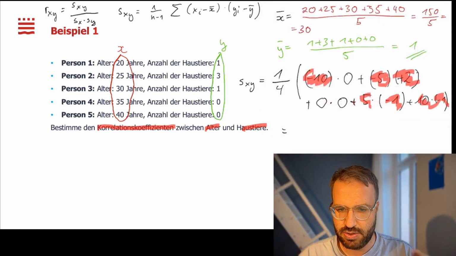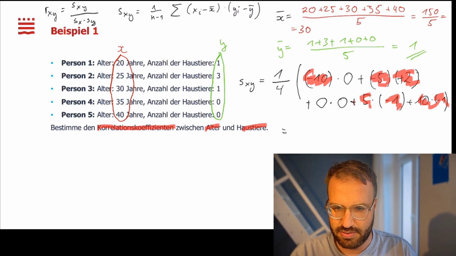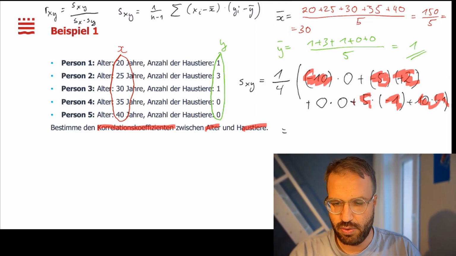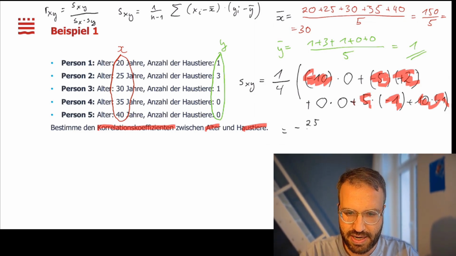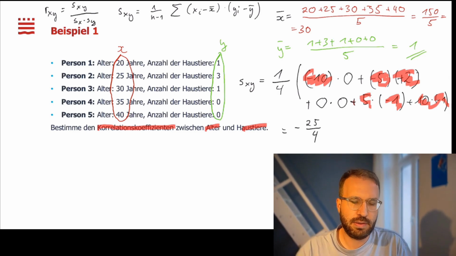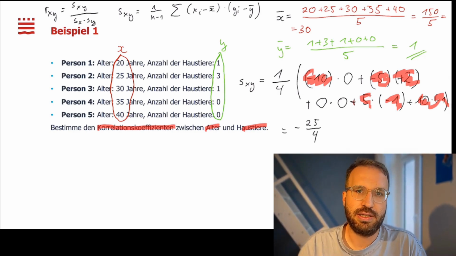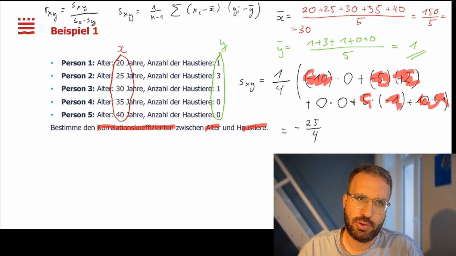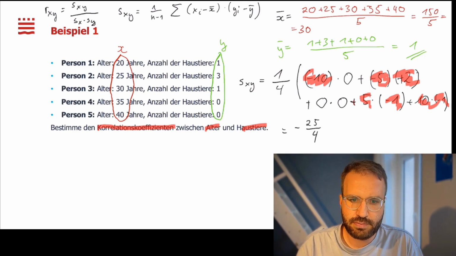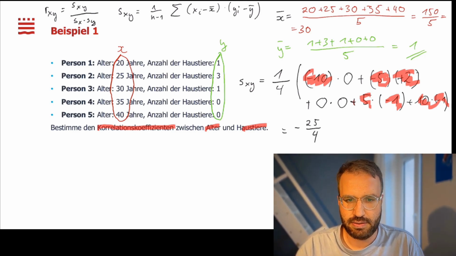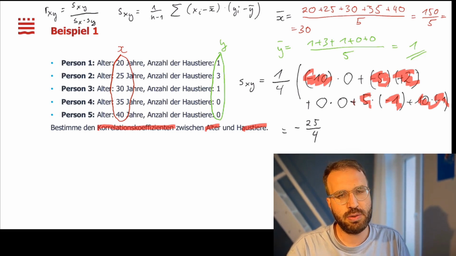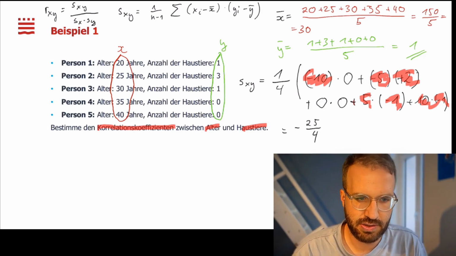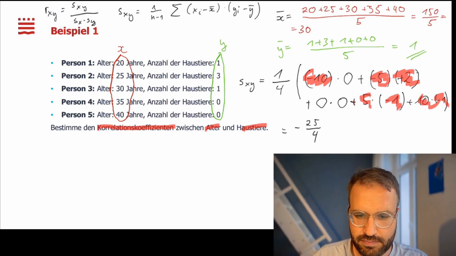And that adds up to a total of minus 25, divided by 4, and there we can already see that it is a negative correlation.